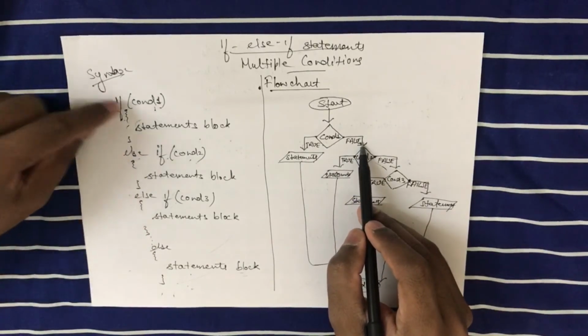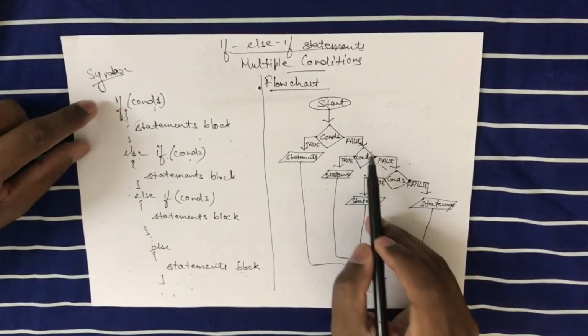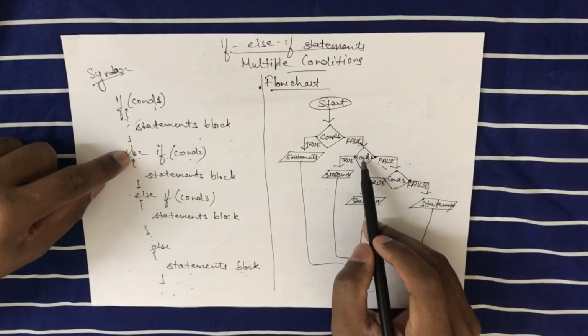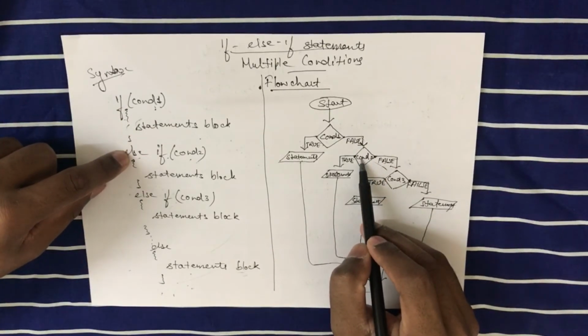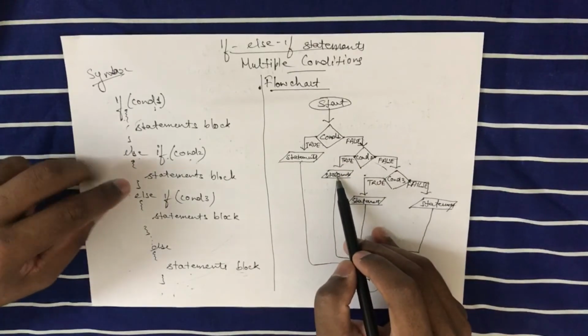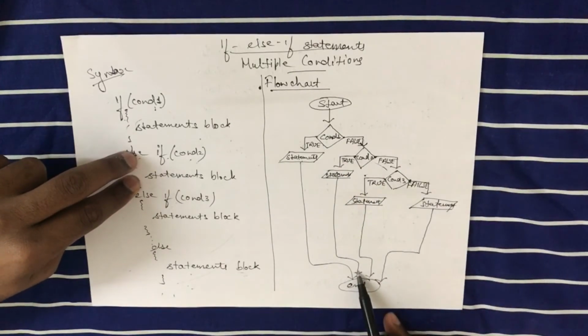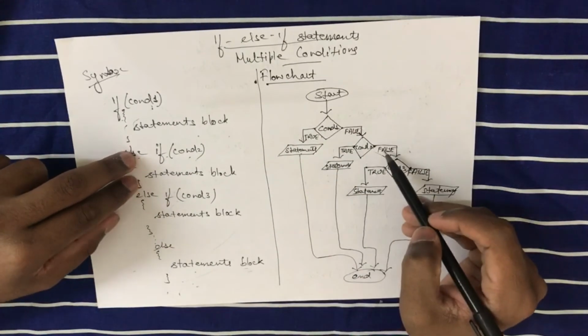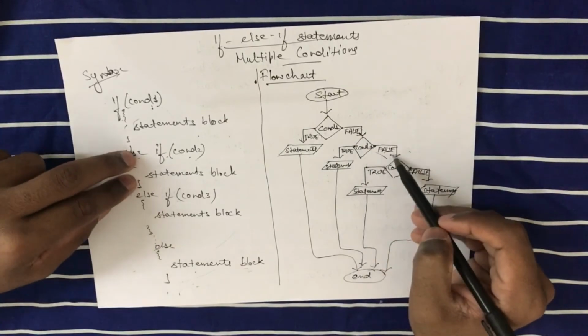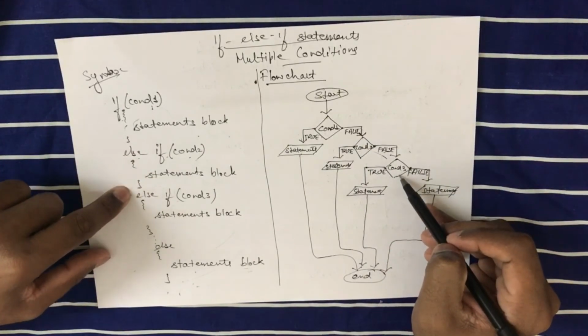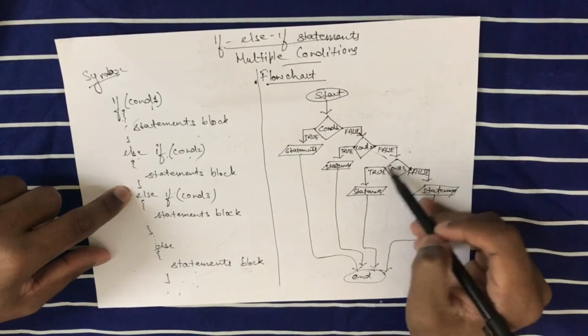What happens is, after this condition gets failed, it comes to the next condition, which is condition number 2, and suppose it gets true, it executes this statement block and comes to the end of the program. Suppose this condition also gets failed, it comes to the third condition and checks whether it is true or false.